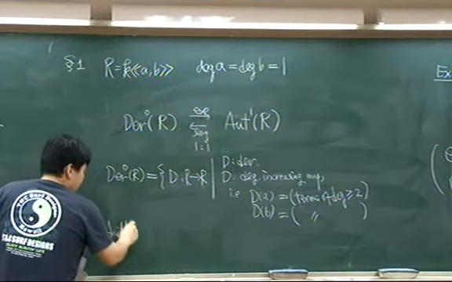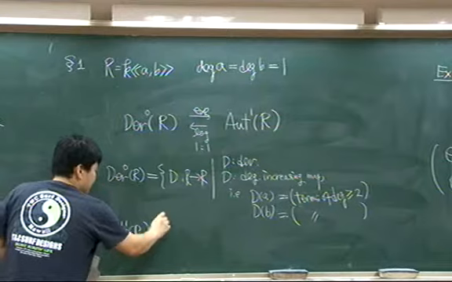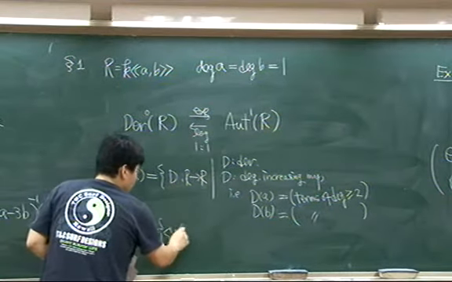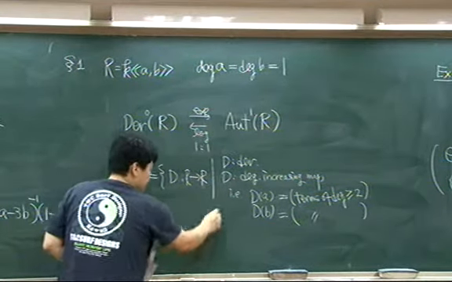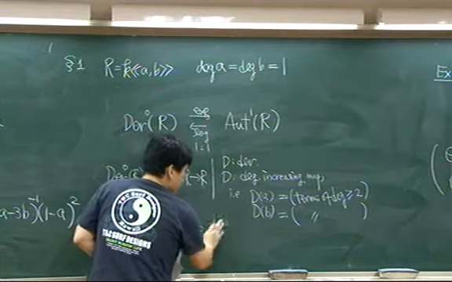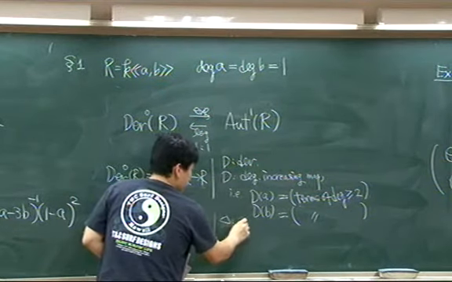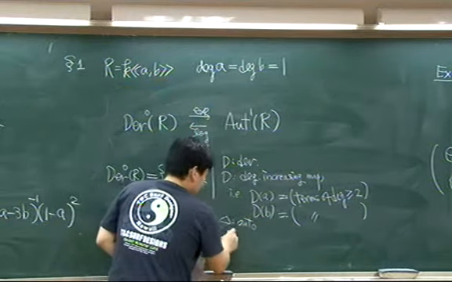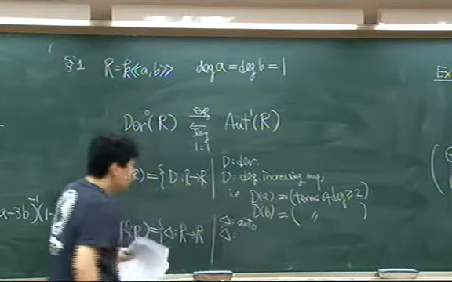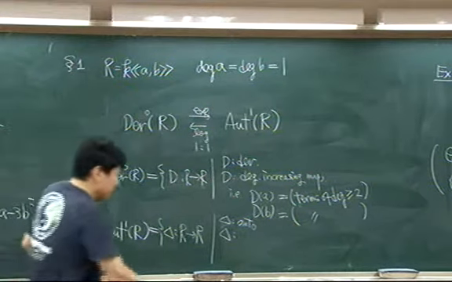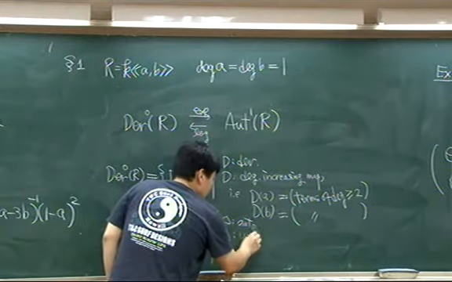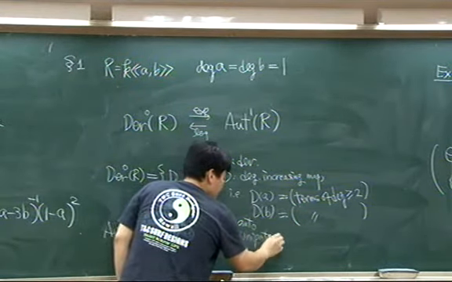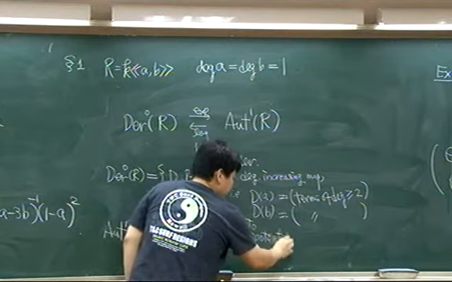And here, Aut1 is a set of all algebra automorphisms, and delta is a unipotent map.